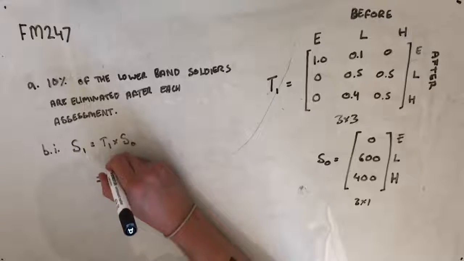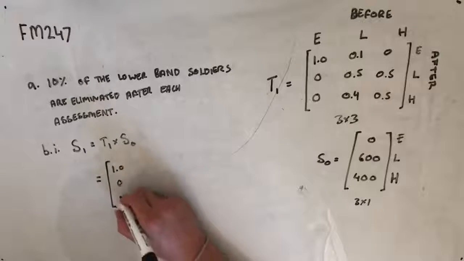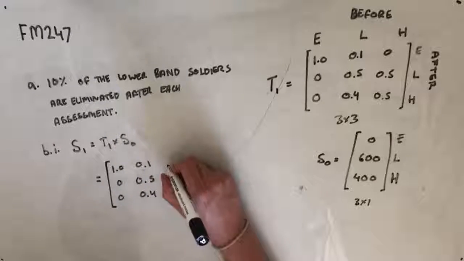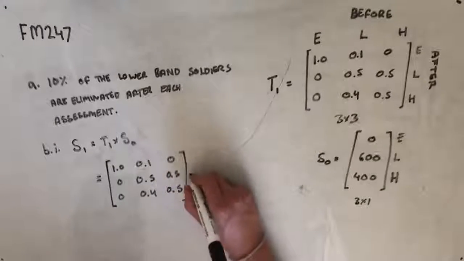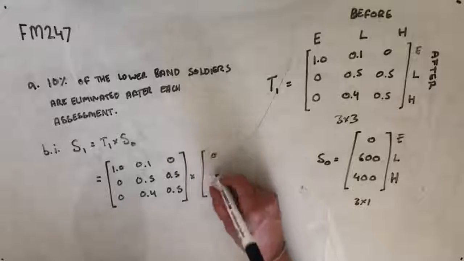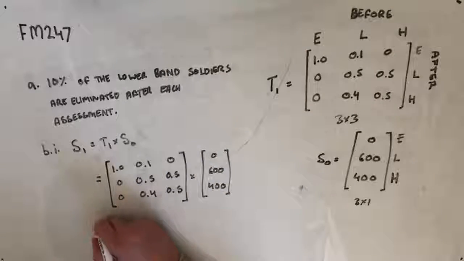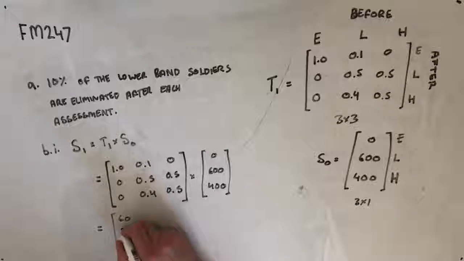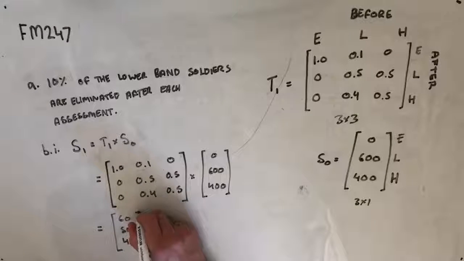So writing this down as a matrix product, we've got 1.0, 0, 0, 0.1, 0.5, so we've got our transition matrix being multiplied by our initial state matrix, which should give us our next state matrix at 60, 500, and 440.